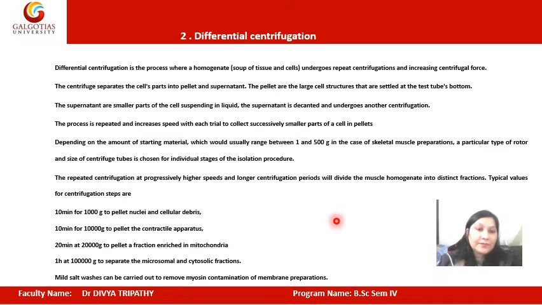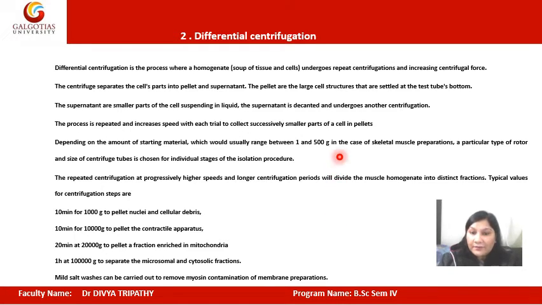This process is repeated at increasing speed with each trial to collect successively smaller particles of the cell in the form of pellets. Okay, depending on the amount of starting material, which would usually range between 1 to 500 G. In the case of skeletal muscle preparation, a particular type of rotor and size of centrifuge tube is chosen for each stage of the isolation procedure.